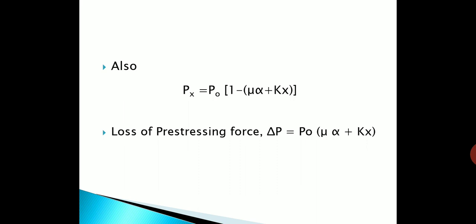If we expand the bracket, one term becomes P naught into 1, which is P naught, and the other term is P naught into (mu alpha plus Kx), which is the loss in prestressing force occurring because of friction. So frictional losses are very important, and the initial loss because of the jacking effect and so on can be avoided by taking necessary precautions on the site.